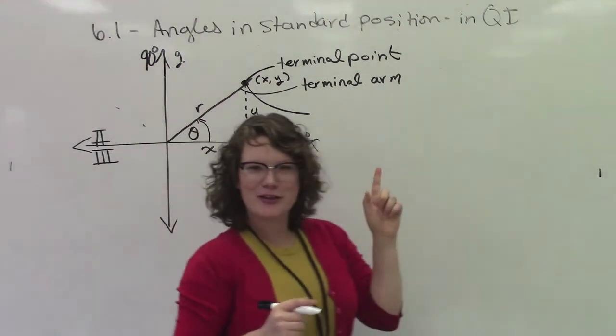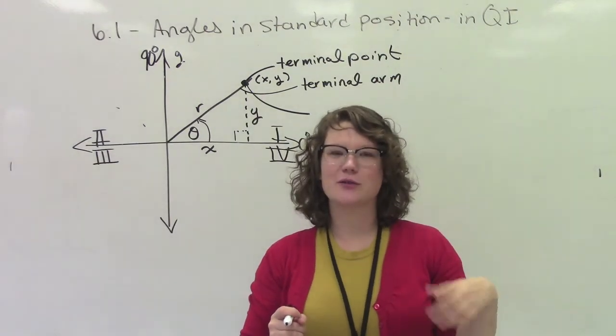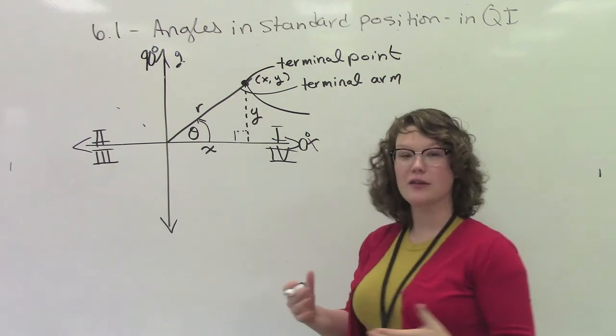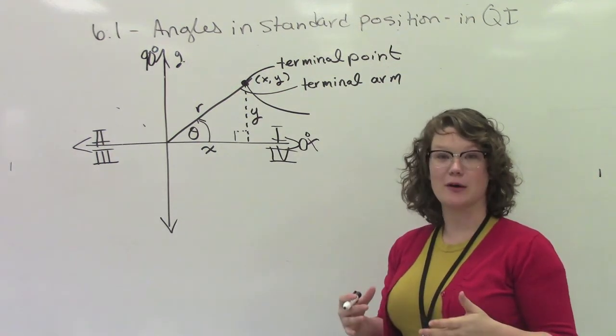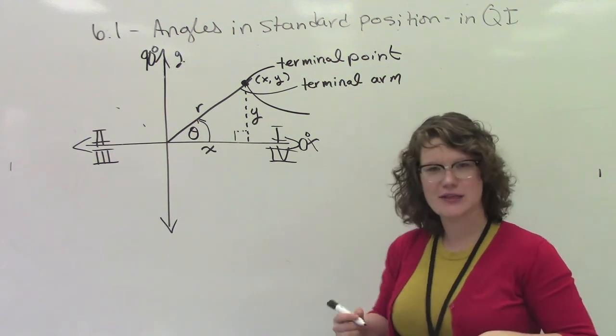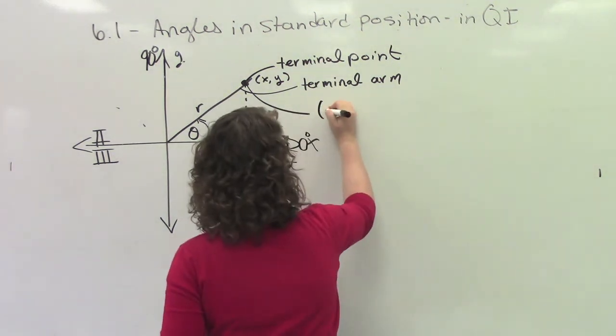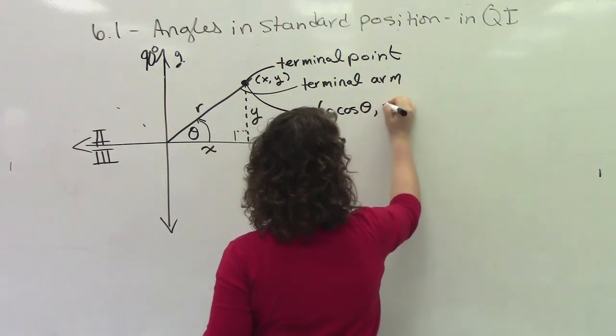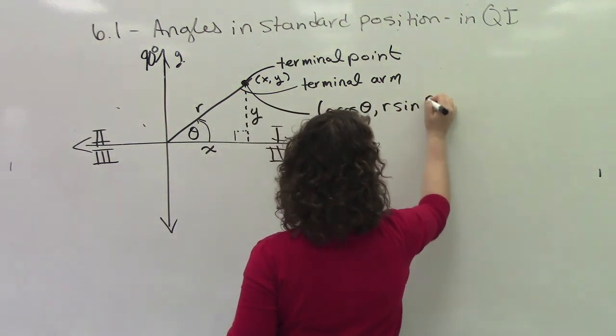Now, I want you to think a little bit about the homework that you did, those worksheets that you did, and I want you to think about what the relationship is here. I'm going to give you the relationship, but I want you to think about it, and we could talk about it when we see each other again on Tuesday. We have r cos theta, comma, r sine theta.